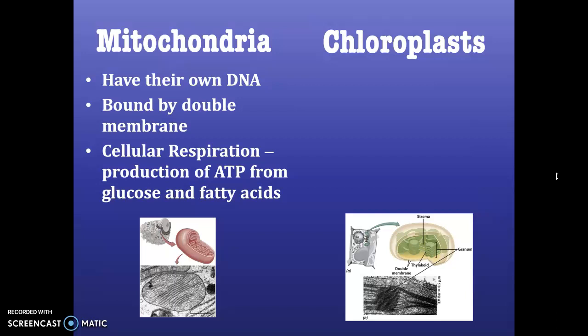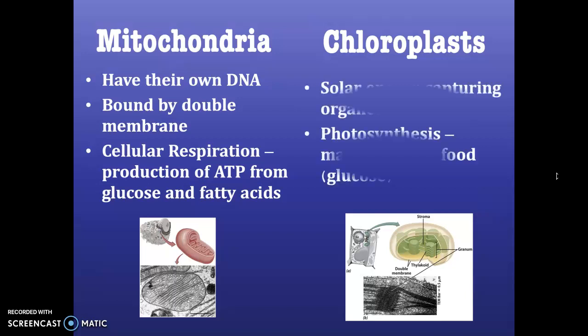Now, we mentioned chloroplasts earlier. Chloroplasts are found only in plant cells, and there are certain types of algae or protists and bacteria that may have chloroplasts. These capture sunlight. We do not have these in animal cells. They have a special pigment called chlorophyll.